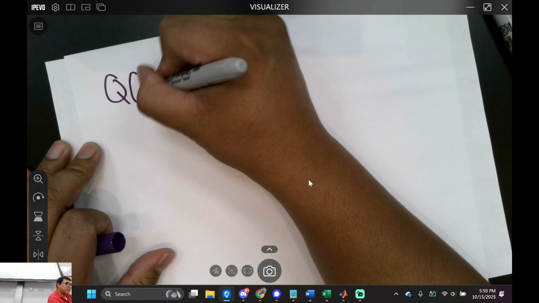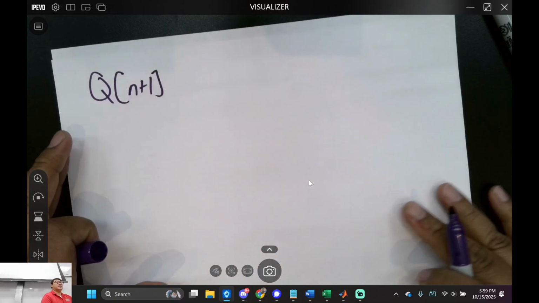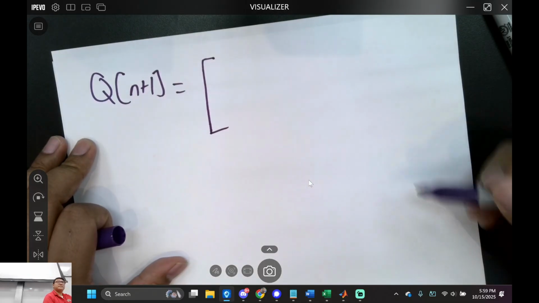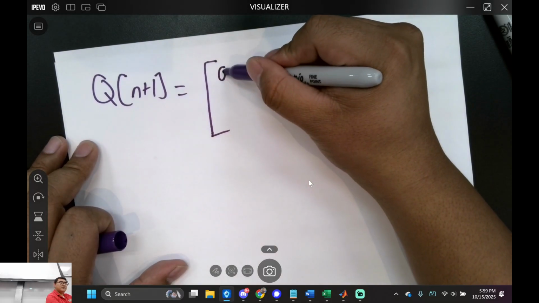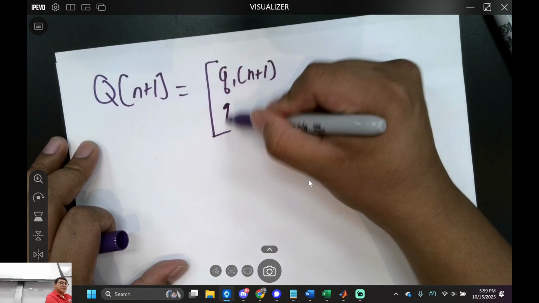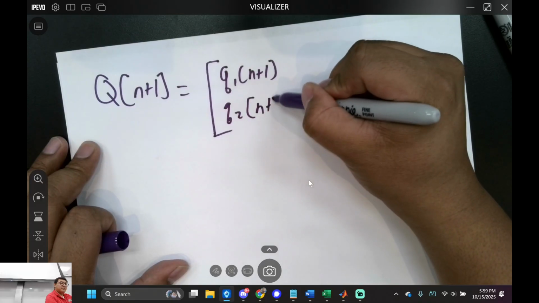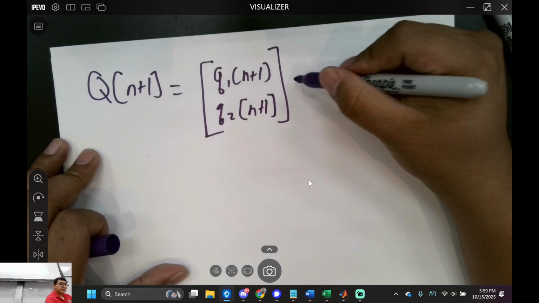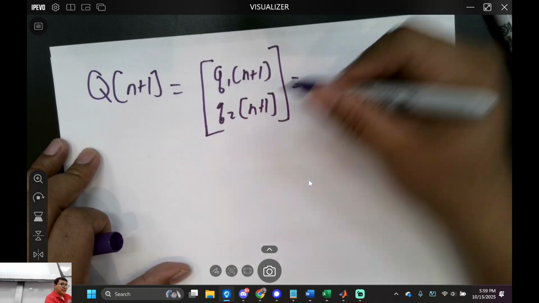We want the matrix. Q, right? Is that good? What is that going to equal to? Q1 of n plus 1, right? Q2. Is that good? But now I want my, what do you call it?